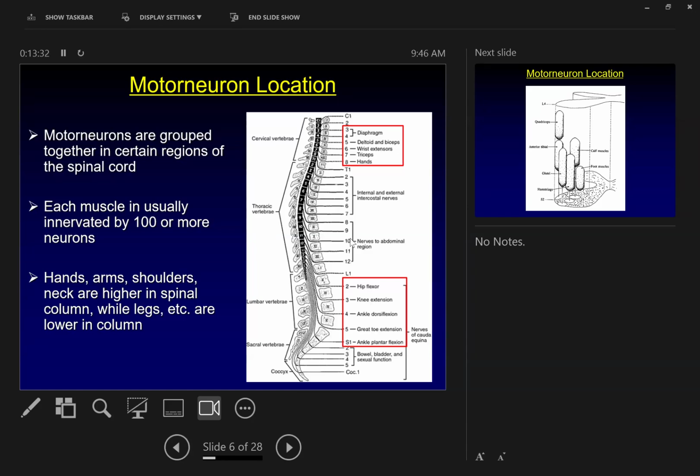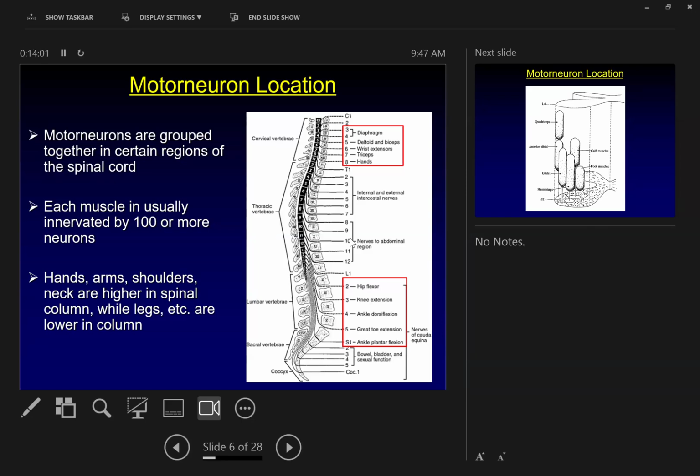I told you guys before that motor neurons are located in very specific places in your spinal cord, and they are grouped together. All the motor neurons that go to a specific muscle are in a very similar place in your spinal cord. On the right, we've got a sagittal cross section of the spinal cord, and you can see all of the different vertebrae.